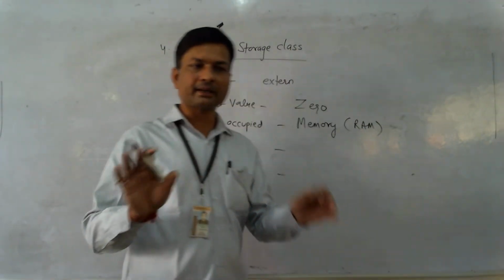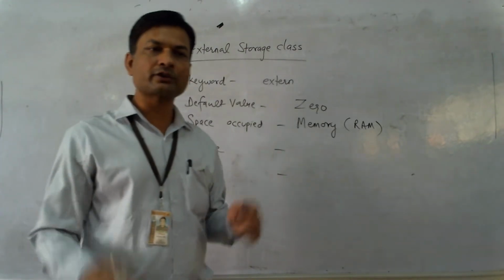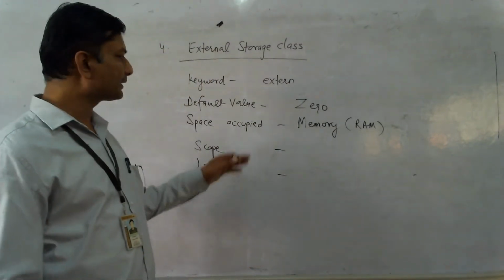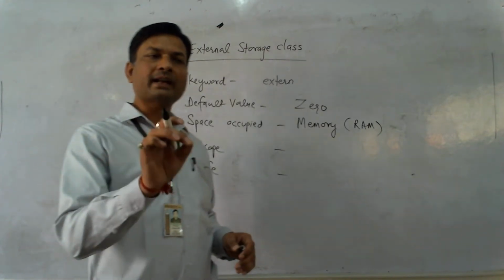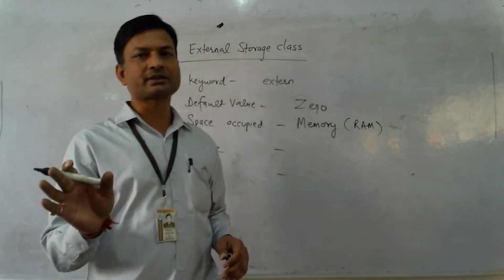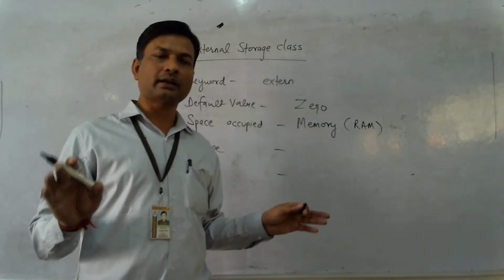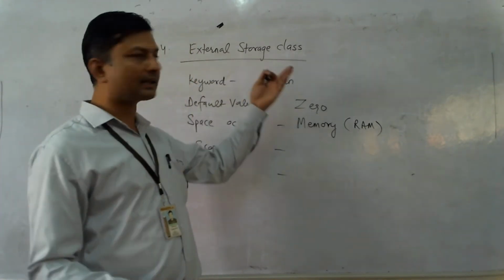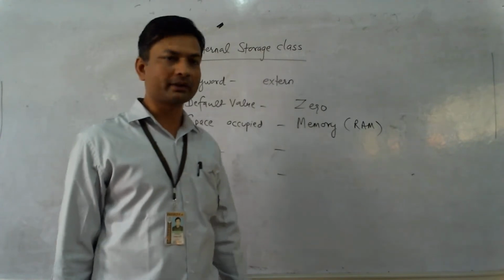So if we compare all the four storage classes, we can see that only the variable belonging to register storage class will occupy space in CPU registers. Otherwise, any variable belonging to all the other three classes occupy space in memory.